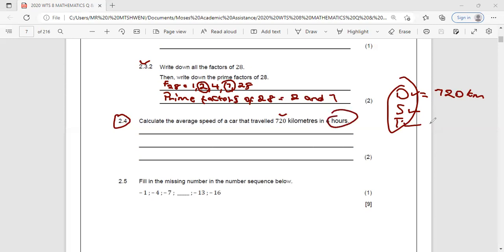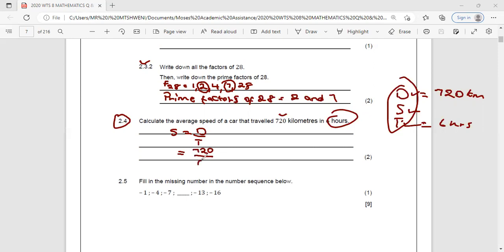6 hours is what? It's time. 6 hours. So what do you do? Your formula will be speed equals distance over time. What's your distance? 720.